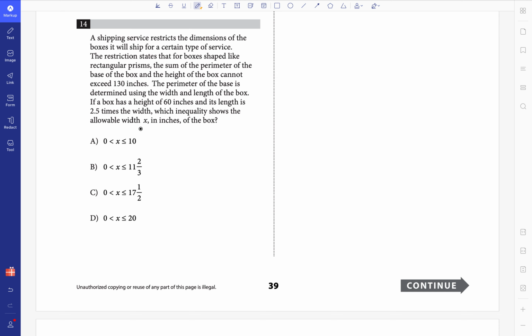So the way I want to solve this problem is like this. We need to translate the given context into an inequality and then solve the inequality to find the allowable width. Okay, so let's find the perimeter first. We know that the perimeter is just going to equal 2L plus 2W.